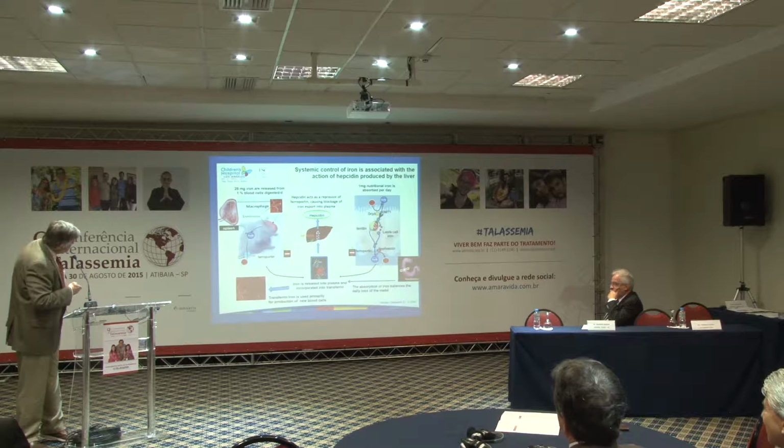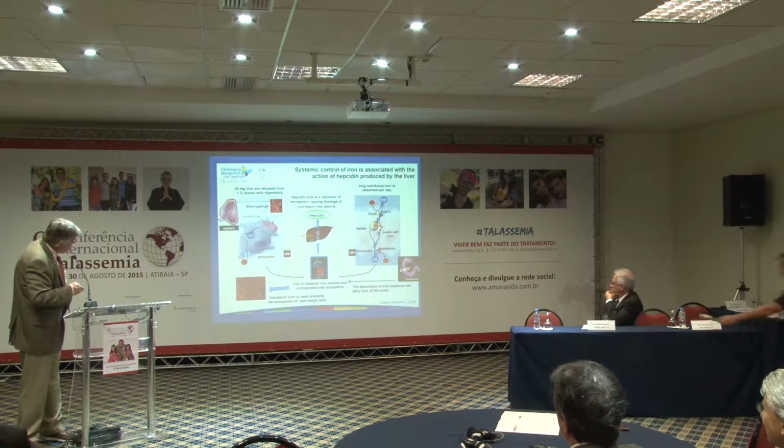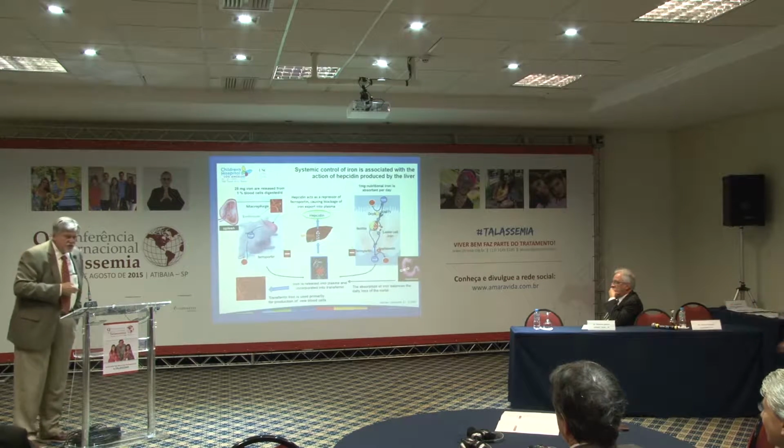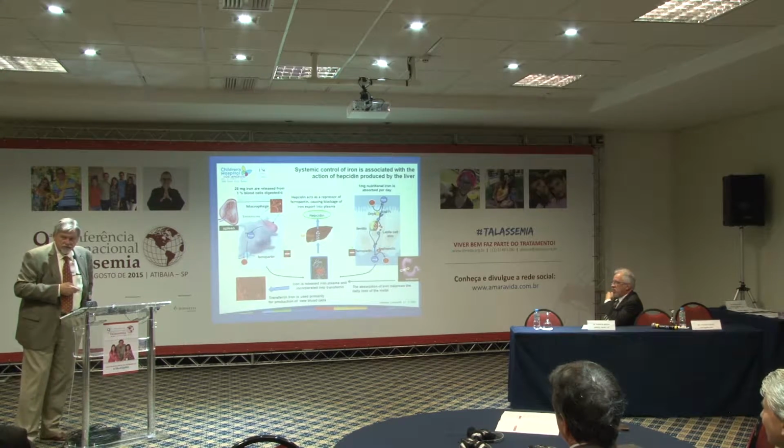When red cells are phagocytosed by the macrophage, the same thing happens. The red cell comes in, it's degraded, and the Fe plus 2 is released. It's either stored as ferritin or exported as Fe plus 2 and converted to Fe plus 3 to combine with transferrin. So transferrin transports the iron. This is the usual way iron is delivered.